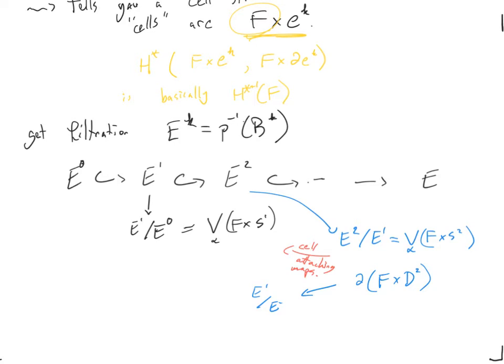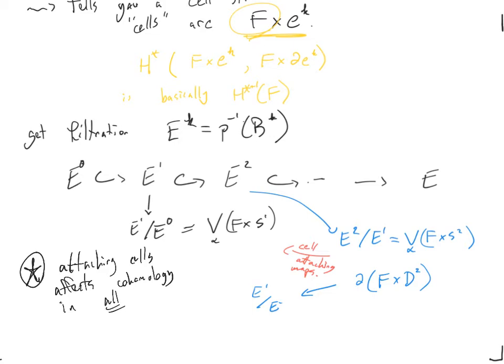You actually can affect cohomology in all degrees. So the key point here is that attaching cells possibly affects cohomology in all degrees, because it depends on F.